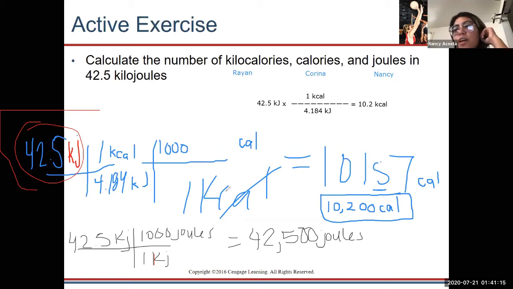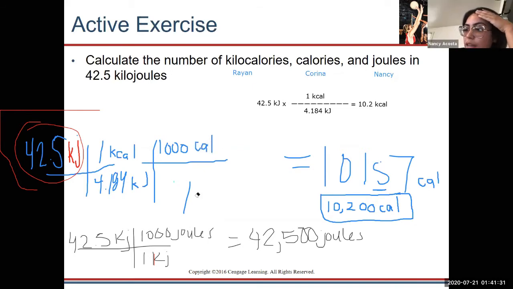Yeah, I was going to do it the long way. I just followed them and then just kept adding to it till I got back to joules. Okay. It's the same answer, but this is better. Quicker, yes.